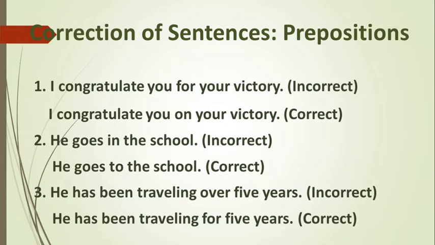The second sentence is correct because the preposition for is used to refer to the measure of time, while over is used for movement. So for is the right answer and not over.